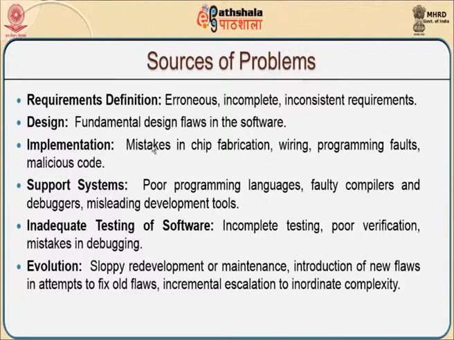And not only that, at the support system level, use of poor programming languages, people sometimes do not use optimized programming languages, which might also take us to erroneous software. So, faulty compiler and debugger, misleading development tools also might take us to a defective software level.